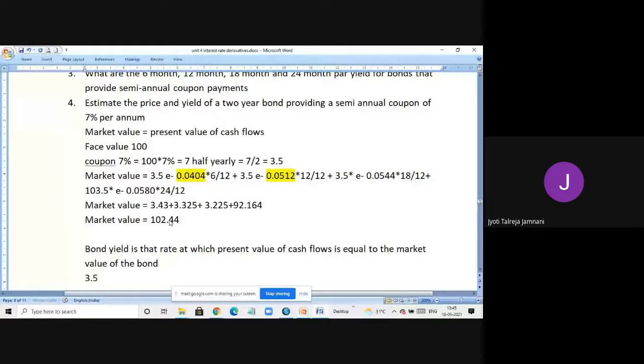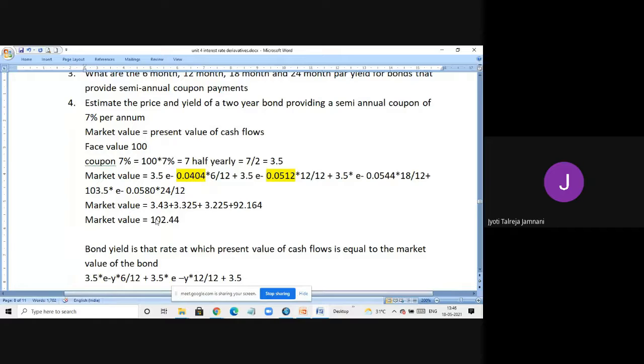Present value of cash flows is 3.5, that is the interest that you're going to receive every 6 months, into e raised to minus y, we don't know this rate, I am writing y, that is the yield that we have to find, into 6/12 for the first interest that we receive, plus the second time 3.5 interest into e raised to minus y into 12/12. That is 1 year.